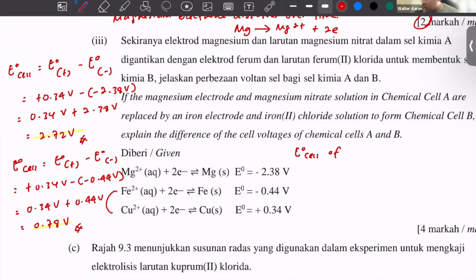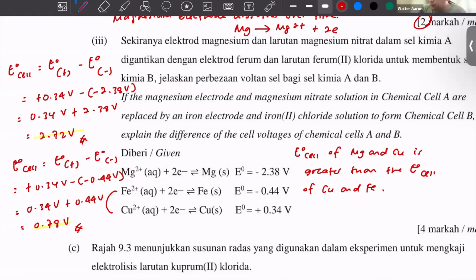E naught cell of magnesium and copper is greater than the E naught cell of copper and iron. Okay, that'll give you 1 mark.